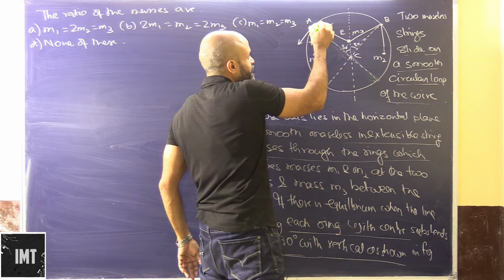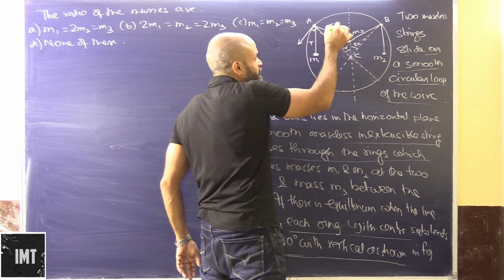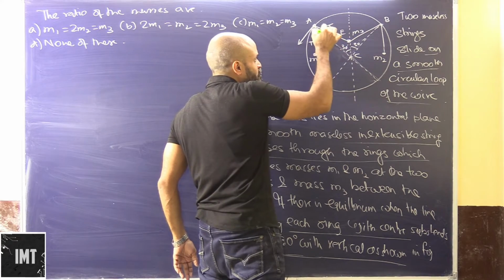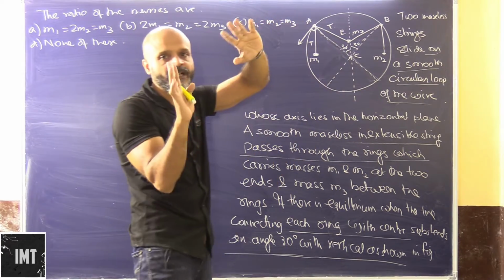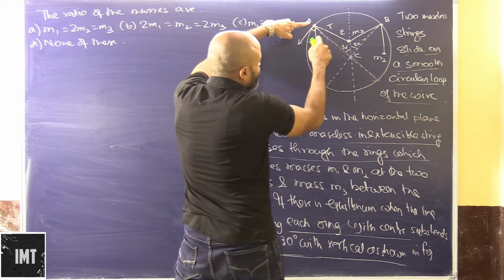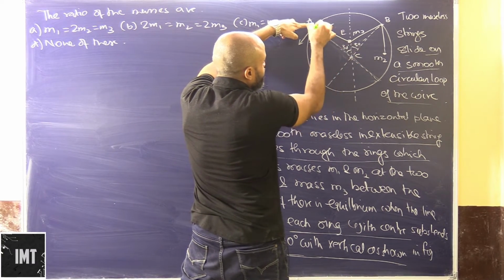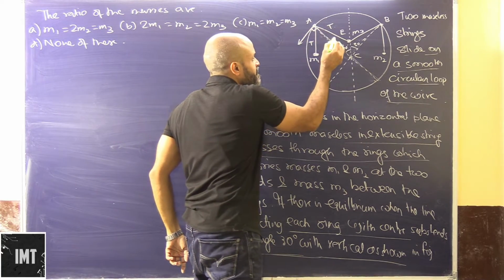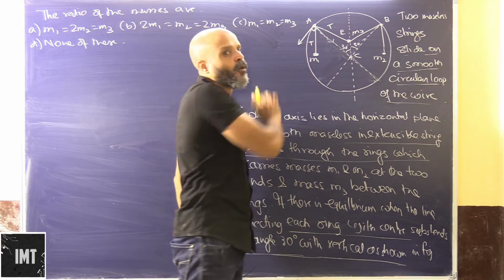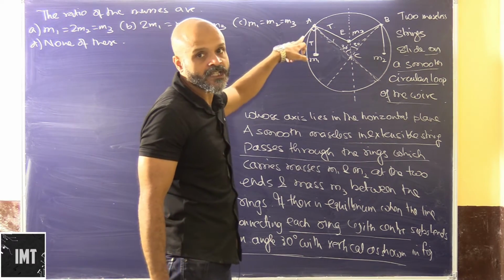So we have to see to it that the resultant of these two tensions, passes through this, because only then, understand this very deeply, people, if the resultant of these two tensions passes through the center, we know that the radius and the tangent are perpendicular to each other. So this resultant will obviously have no component along this direction, along the tangential component.